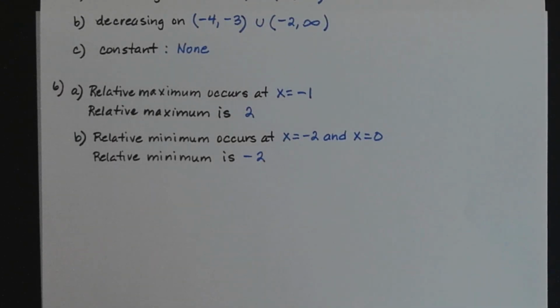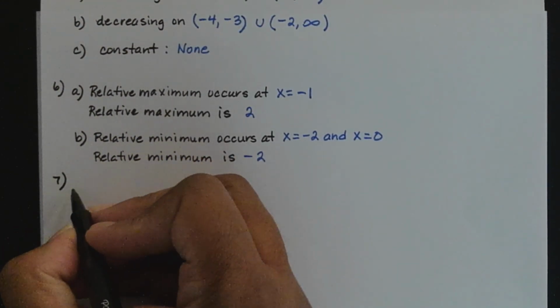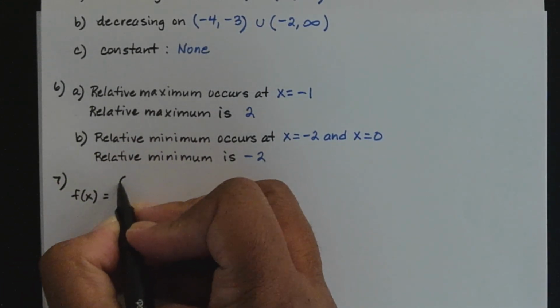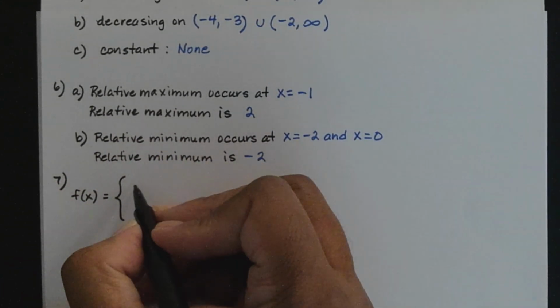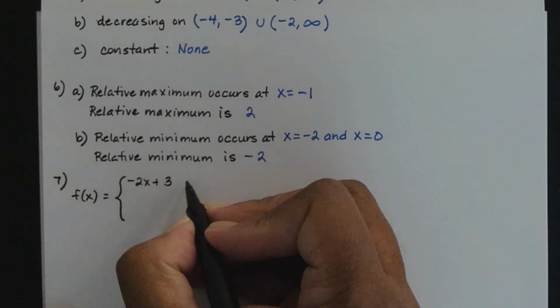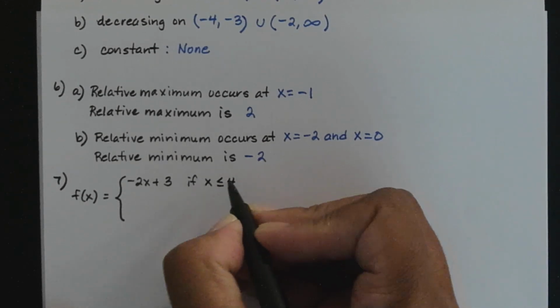All right, number 7 is a piecewise function. So here for the piecewise function, f of x is equal to -2x plus 3 only when x is less than or equal to 4.